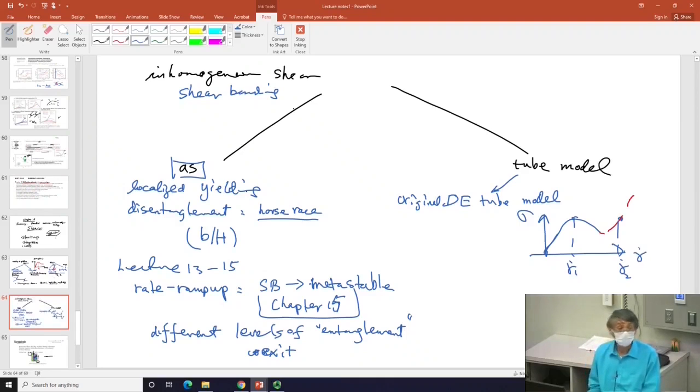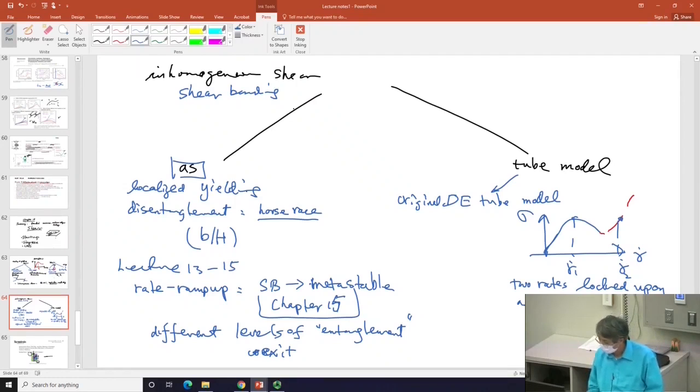But that's not how we see it experimentally. So basically, they think that this will lock up two rates as a function of the applied rate, V over H.